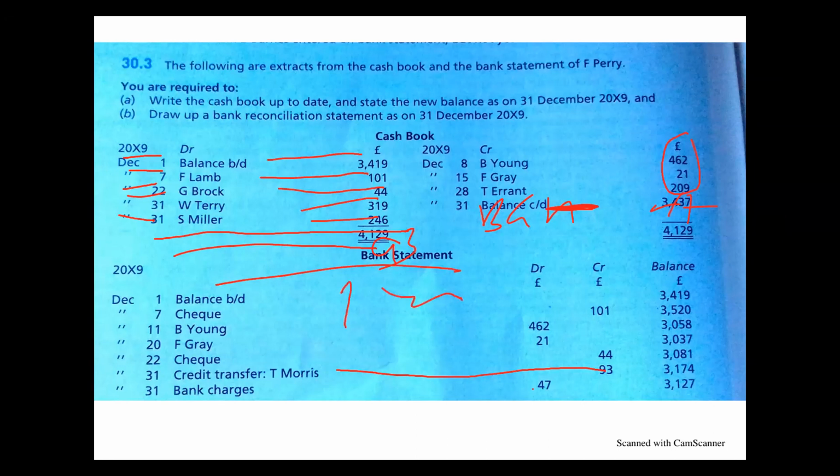Even on the credit side, you record everything that is there. Then you just add what is not there, which is the bank charges in this case. Then you sum, you close the account, sum both sides, you look for the big amount. You record the big amount both on the debit side and on the credit side, isn't it? Then you come up with a balance carried down. Did you get that?